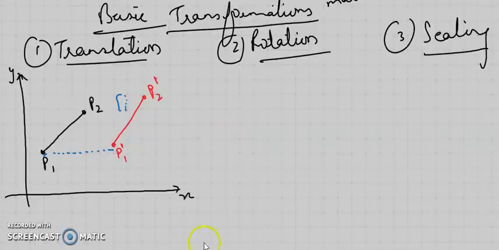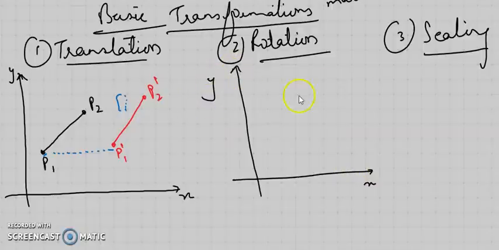So this is translation. Similarly, when I move on to rotation, x and y, a line P1, P2, that's my original line. Now I try to rotate it to this location. So this becomes my P1 dash and this becomes my P2 dash. So I am rotating it by an angle theta. This is what I do in rotation.